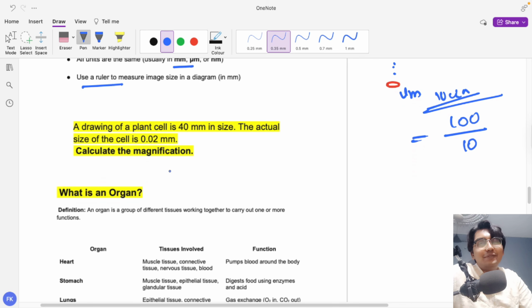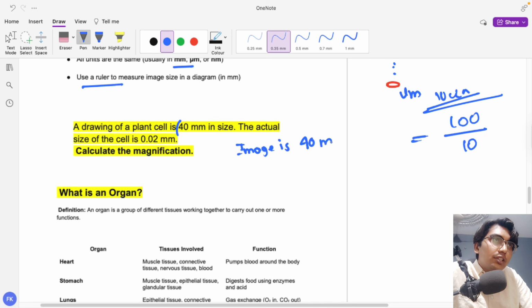Now let's do a math. Over here they said a drawing of a plant cell is 40 nanometer in size. So image size is 40 millimeter, and the actual size of the cell equals 0.02 millimeter.